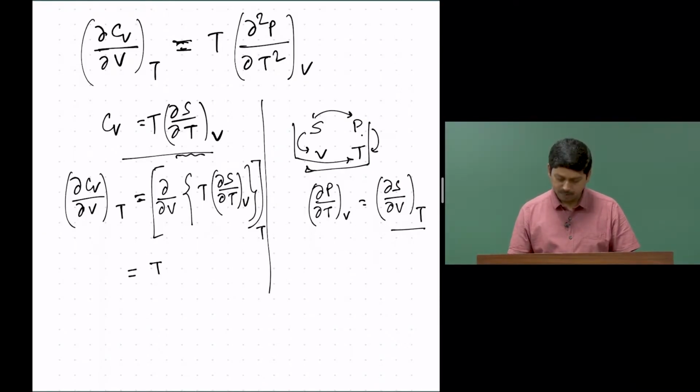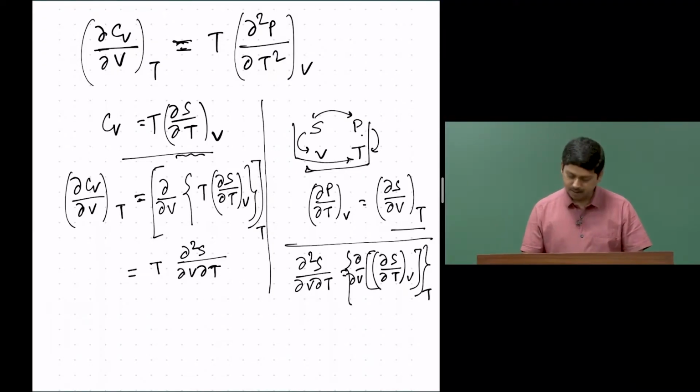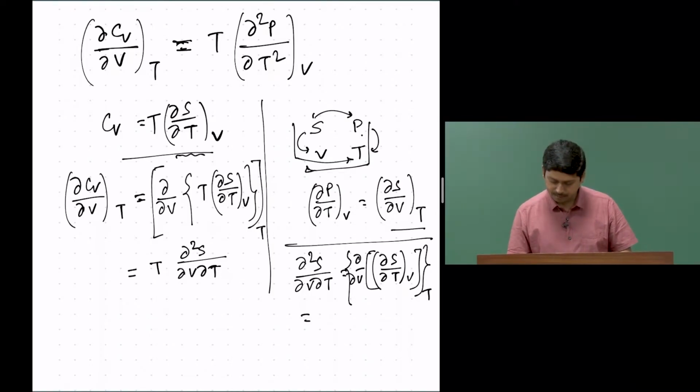So, T will come out and it will give me del 2 s by del v del T, which by notation is a shorthand. The shorthand notation is del s by del T at a constant v, and then the whole thing taking a derivative with respect to v at a constant T. So, that is equivalent to writing del 2 s by del v del T.